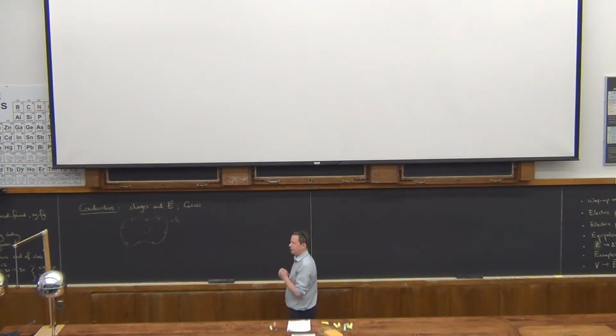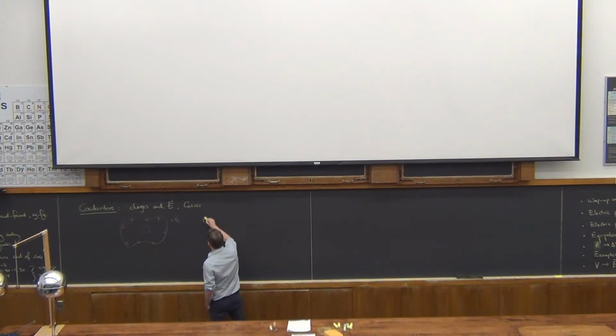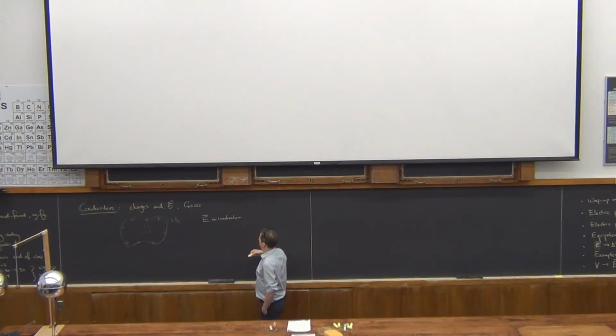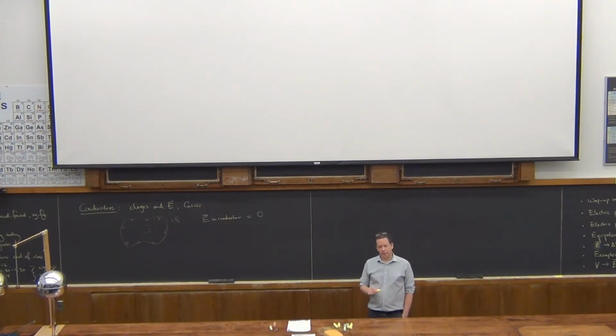We concluded the answer is no. Okay? Basically using Gauss's law and the observation that the electric field in a conductor, if we have no currents flowing, no charges in motion, the electric field in the conductor is zero. Okay? So that's a kind of important consideration.